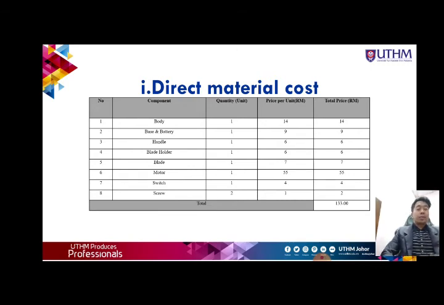And actually we don't fabricate any of these, we just order them from a manufacturer, supplier, or vendor, obviously from China, and they use 3D printing technology to print all of these components, except for the blade. As you can see, there is a price per unit for every single component. For example, the motor, which is our most expensive component, costs us about 55 ringgit per piece.